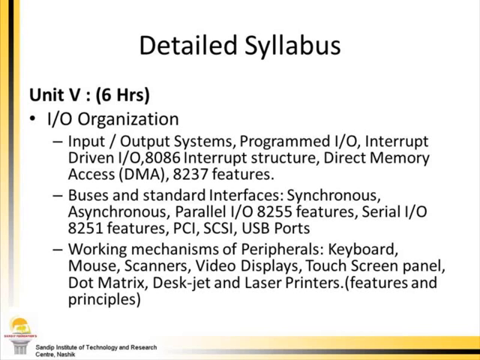It contains interrupt-driven I/O, then programmed I/O, types of I/O access given by the computer systems, direct memory access, 8237 processor, 8255, 8251, PCI, SCSI, USB ports, buses such as synchronous and asynchronous buses, and most importantly, the working mechanism of different types of peripherals, input and output devices: keyboard, mouse, scanners, video display, touchscreen panel, dot matrix printer, inkjet printer, laser printers. All these are the part of the fifth unit.